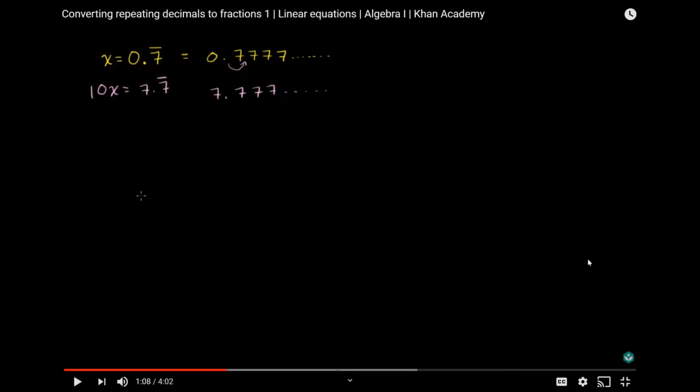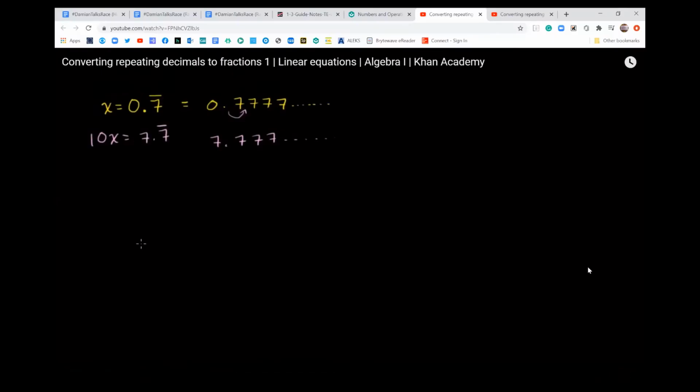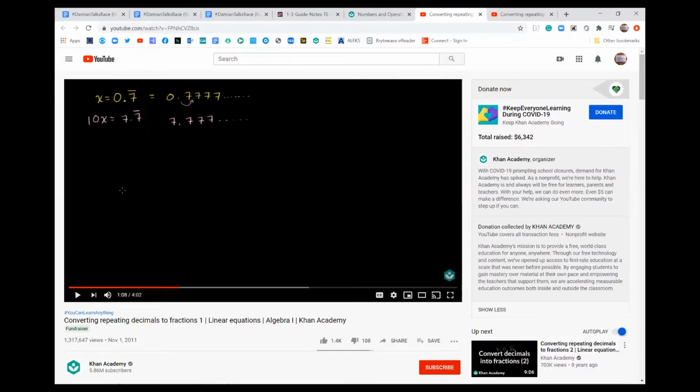Now, what he did here, and if you copy down these notes, it tells us that step 1 is let x equal the repeating decimal, and that is what he did here. 10x equals 7.7, and he has the line over it.